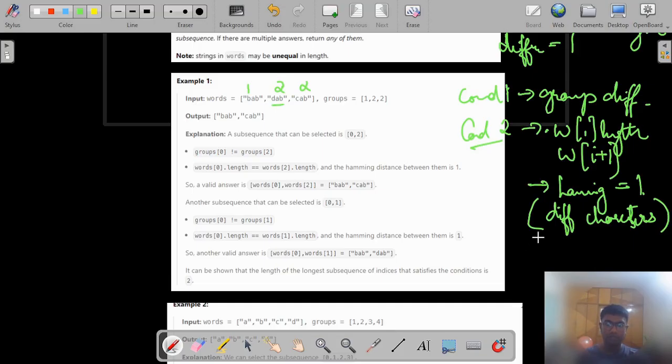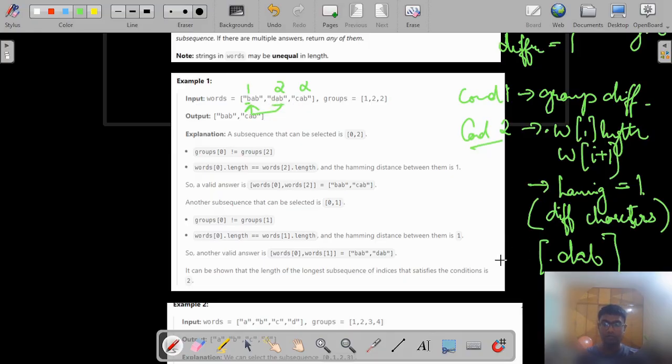So let's consider DAB as a possible value, and we can check from DAB if BAB and DAB work. These two groups are different, and also there is a difference in one character, which is B and D at the first position.